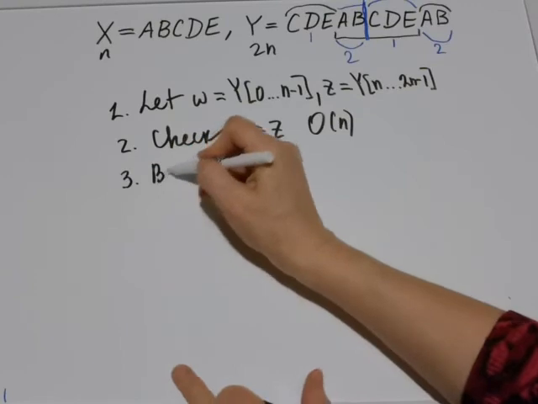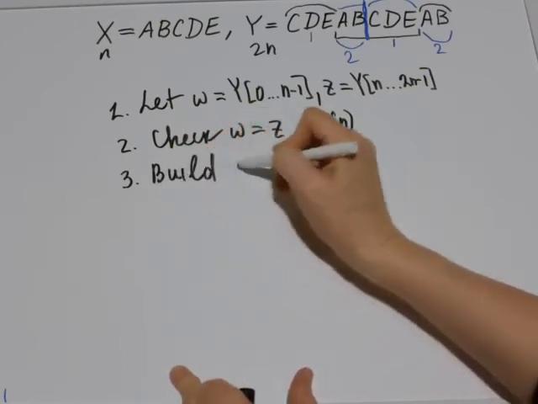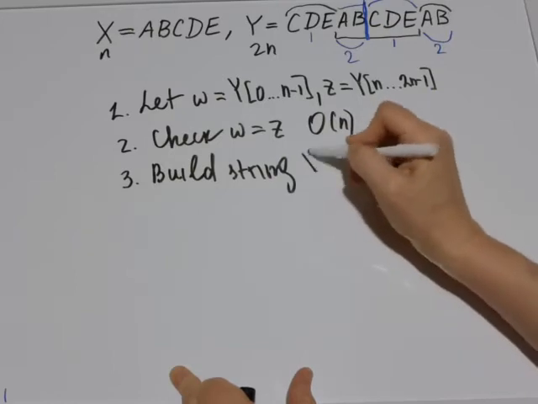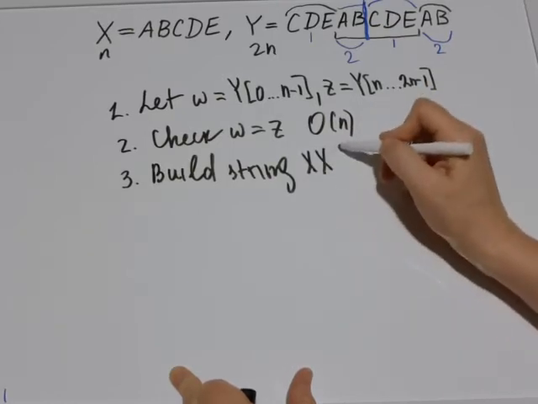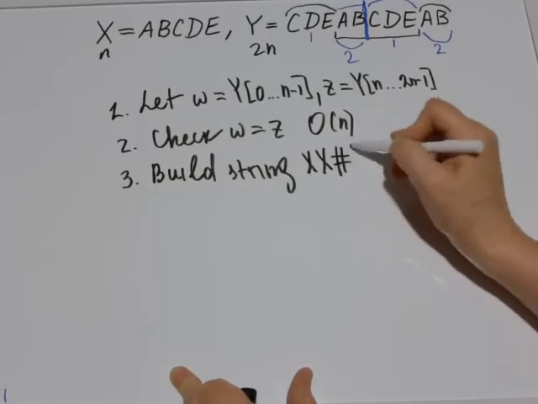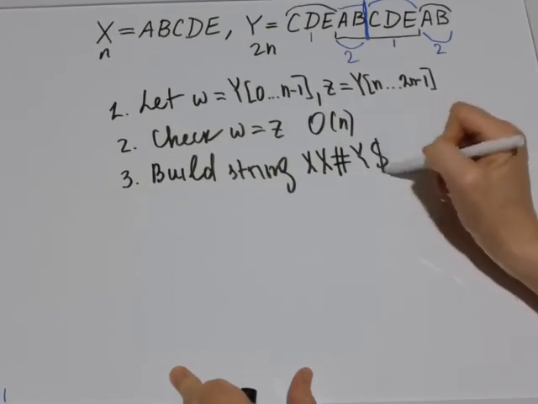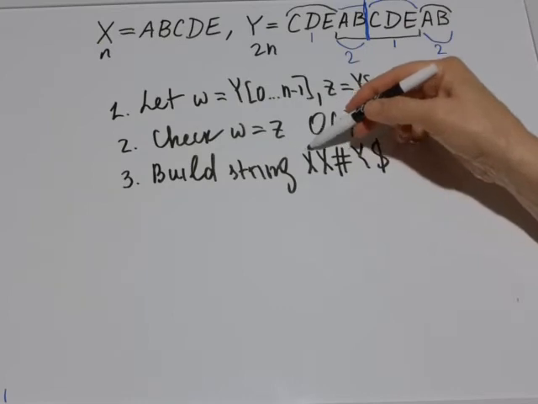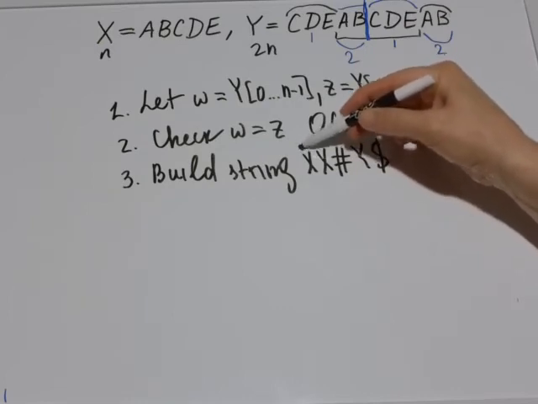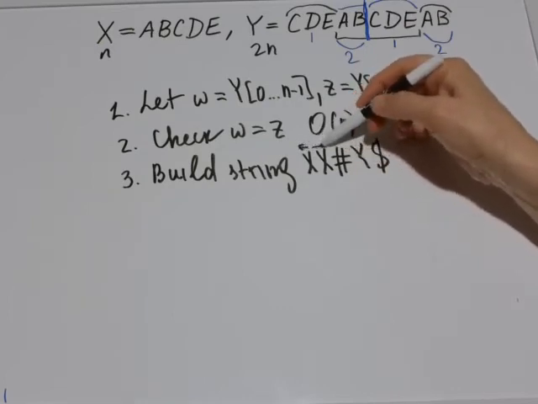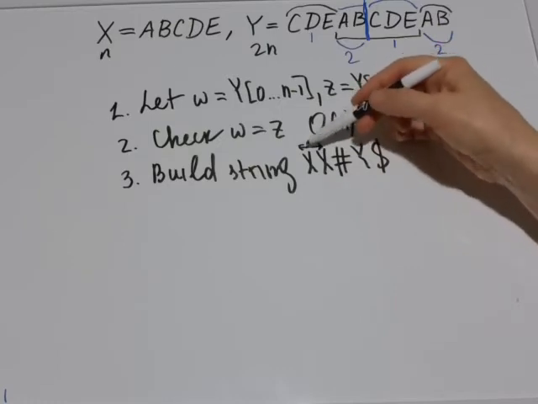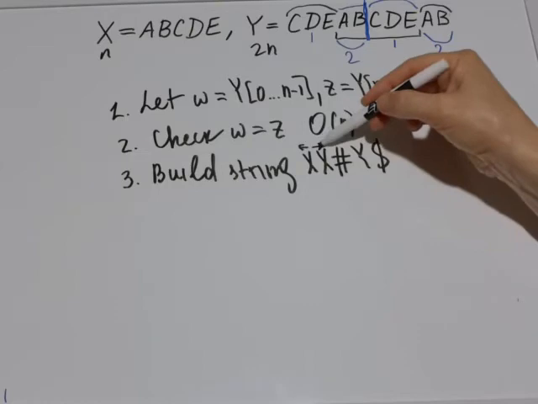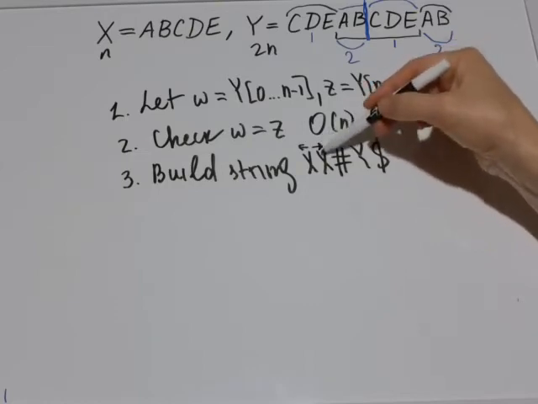Three, build a string xx pound y dollar. In this case, we make sure that a suffix of this x is concatenated with a prefix of this x, and then y matches this concatenation of a suffix and a prefix. That means y will be a circular shift.